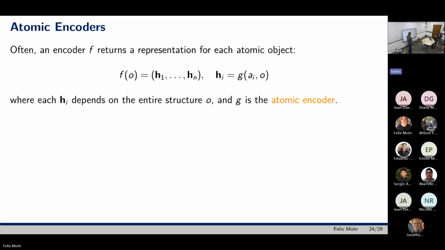And this description is produced by this function G, which is basically the core encoder. This function takes John, but the difference to the embedding is that it does not only take John, but John and the structure where John is present. So this tells me, please give me the embedding for John in this context, where O is the context.